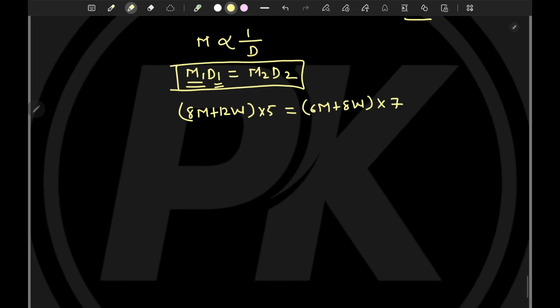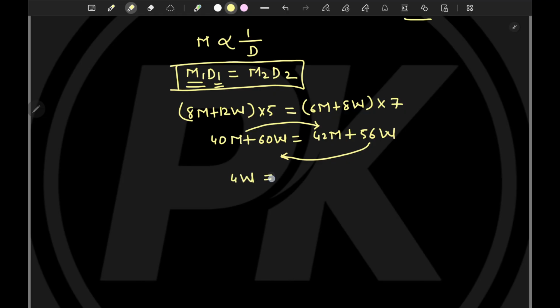Okay, let's try to solve this equation. So 8 5s are 40 men plus 60 women, that will be equal to 42 men plus 56 women, right? And hence if men are going that side, women I'll bring this side. So 60 minus 56, that will be 4 women equals 2 men.